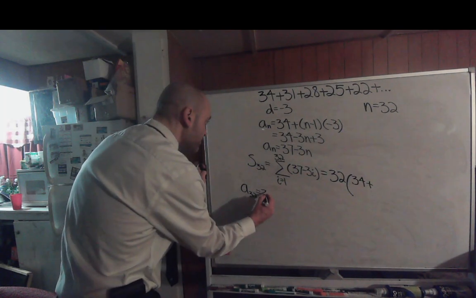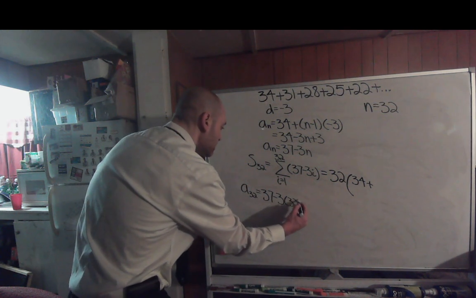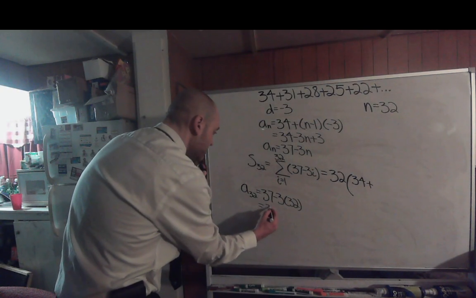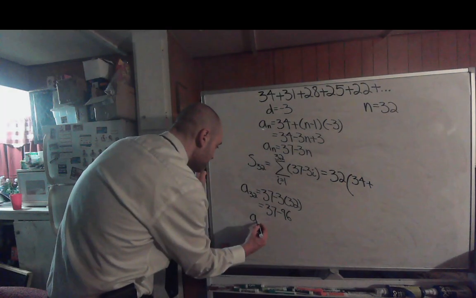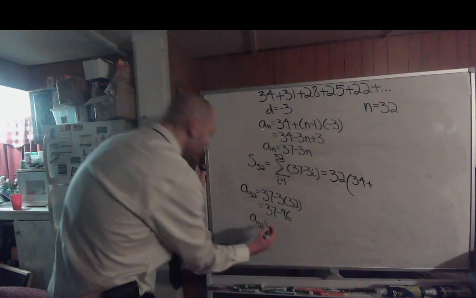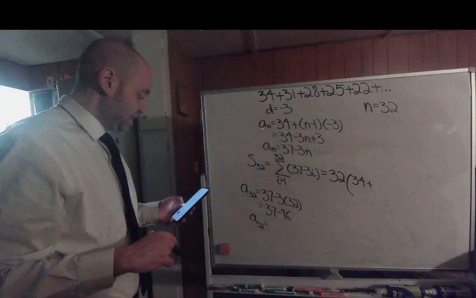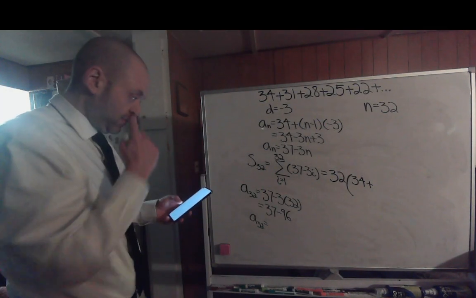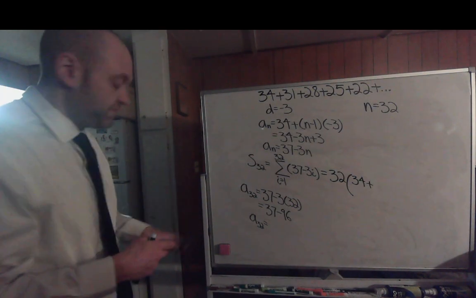That would equal 37 minus 3 times 32, which would give you 37 minus 96. Take 37 minus 96, you get negative 59.